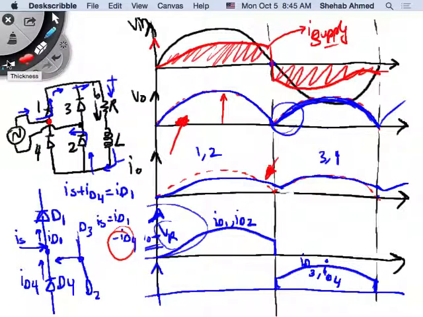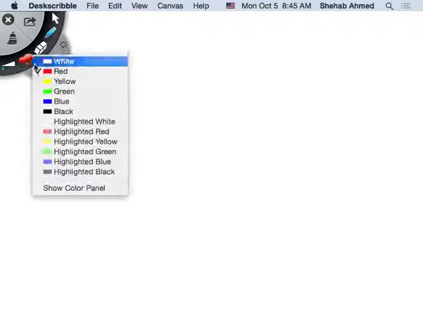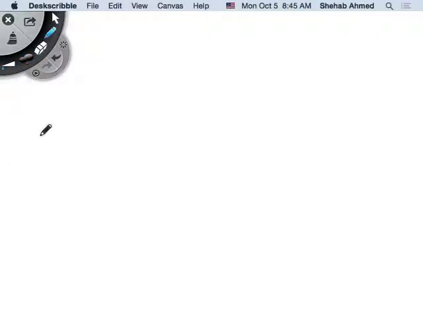Okay, so now what do we do? RL and a source. The progression is similar to what we did before. So we do the full wave with the RL and a source.